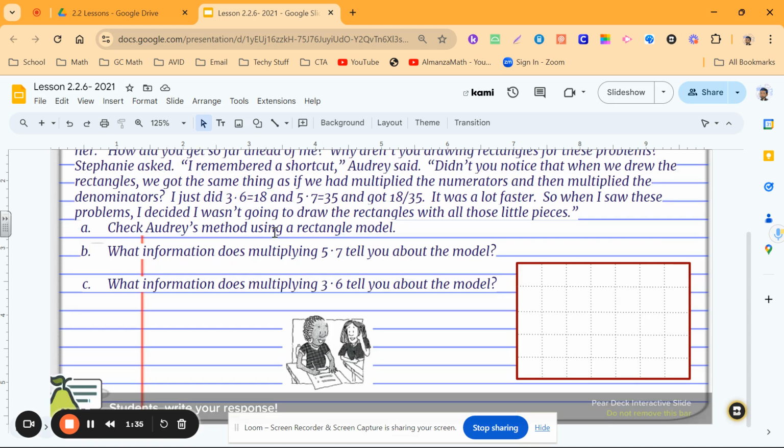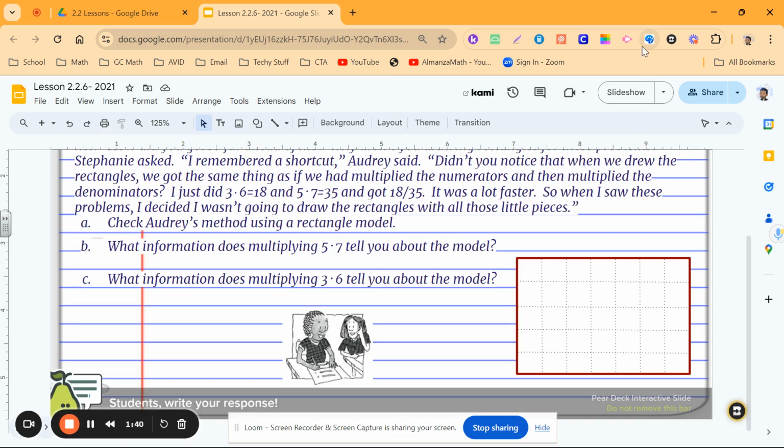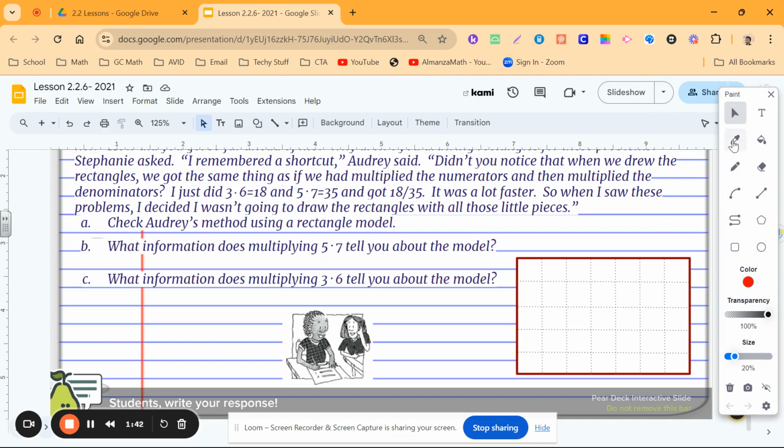So checking Audrey's method using the rectangle model, okay, we have 3/5. We're going to be using this part here, where we're taking 1, 2, 3/5. That's 3 rows out of 5, and then multiplying by 6/7.